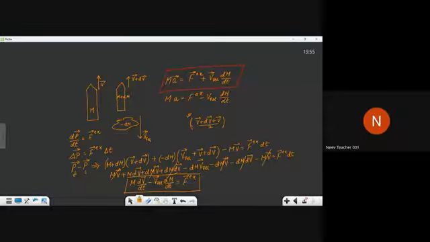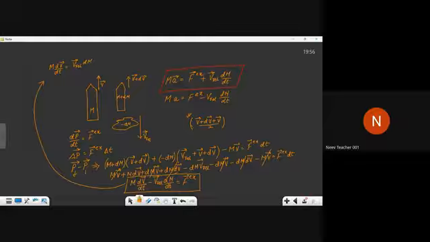In case there is no force external acting, you can figure out what you get to see from here. If no force external is acting, we'll be left with m dv by dt is equal to v relative into dm by dt.